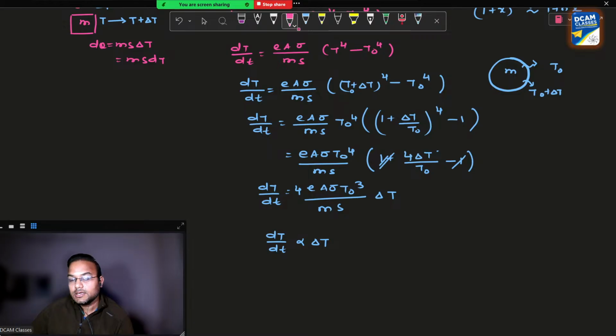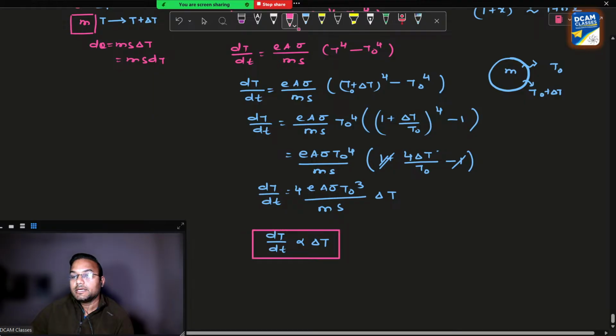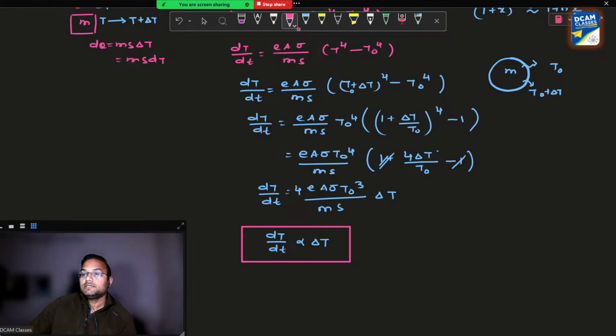Now you have to understand this is the relation that we have got, Newton's law of cooling, where d temperature by dt is the rate of change of temperature, where delta T is the temperature difference between the mass and the surrounding.